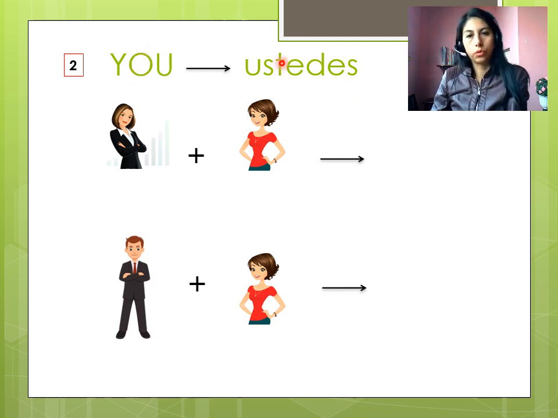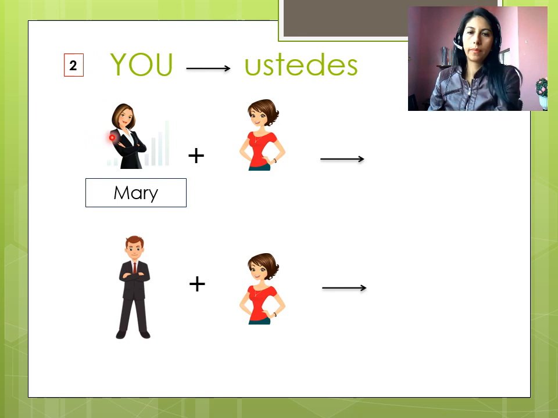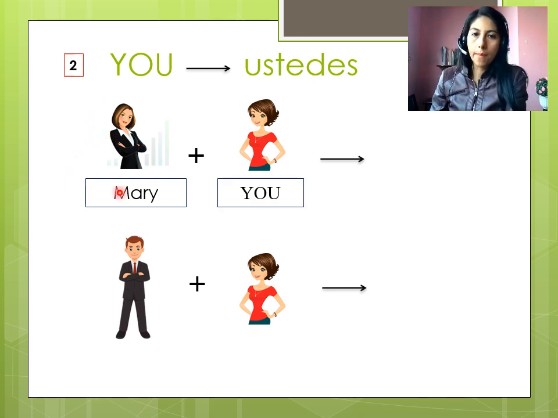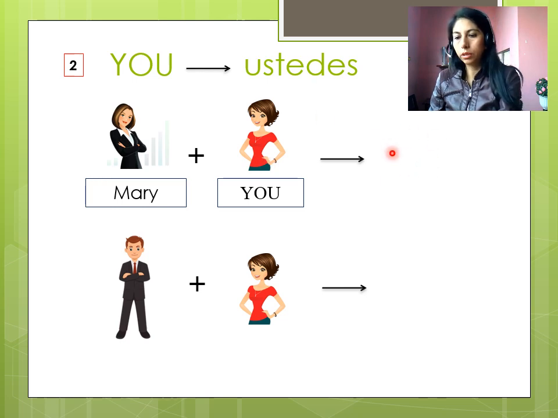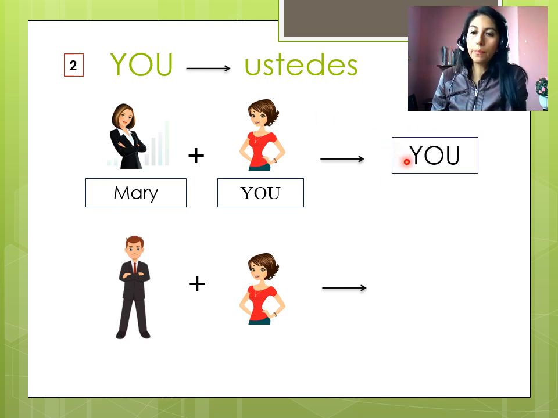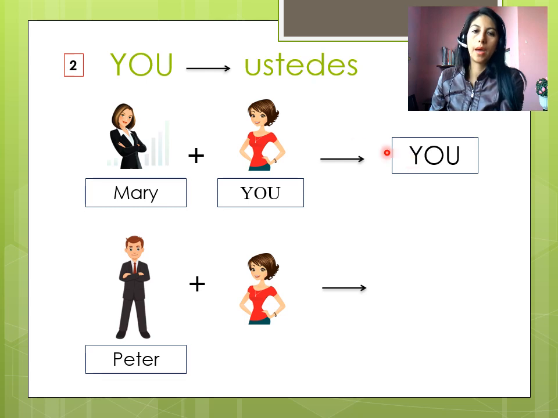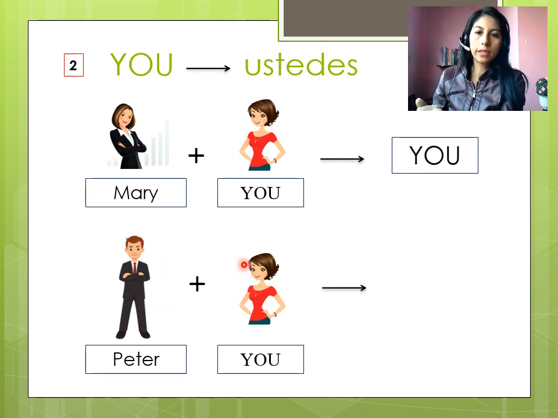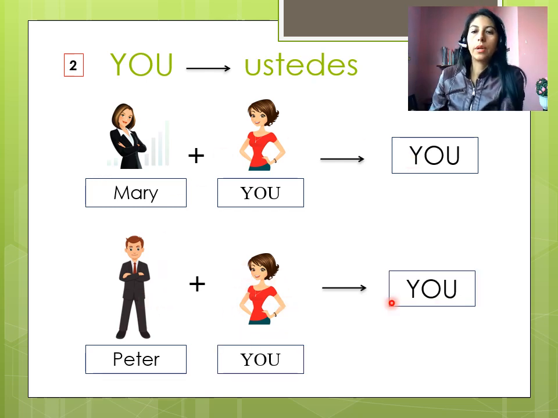You, ustedes in Spanish. Here in my example, I have this: Mary and you. So the result is my subject pronoun you. Peter and you. So my subject pronoun is you.